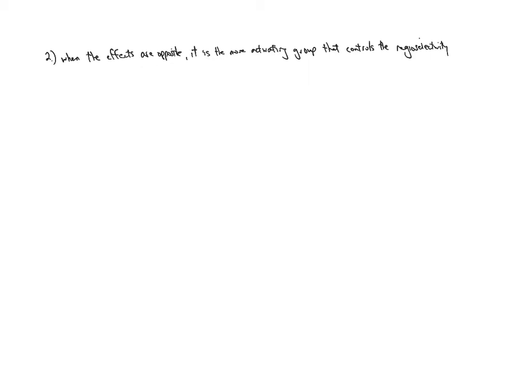Okay, and so let's say we have the dimethylamino and a bromine on the ring. Okay, and let's say we're going to do a chlorination reaction, so we're going to take chlorine and aluminum trichloride.